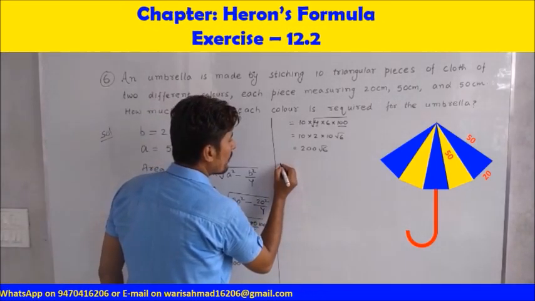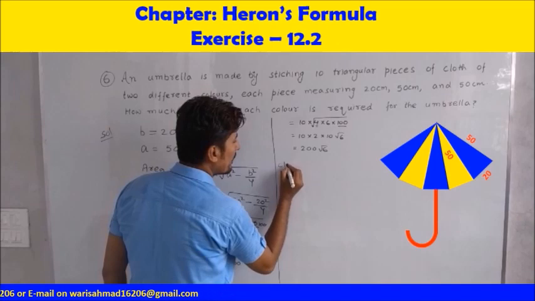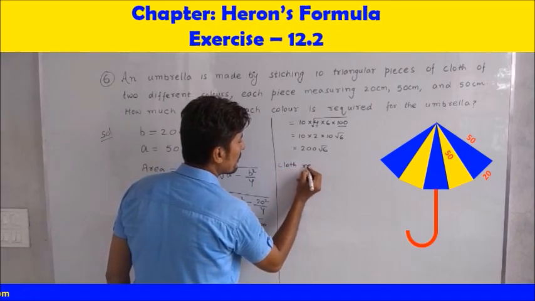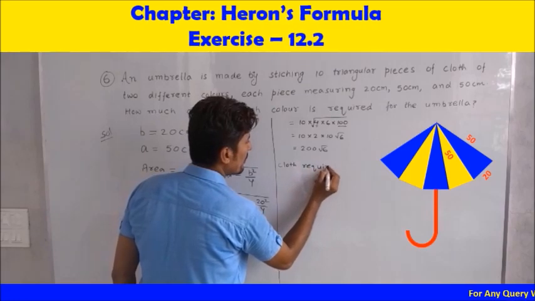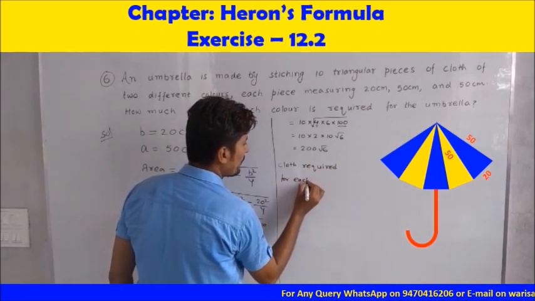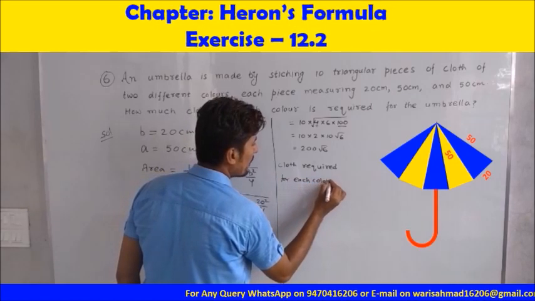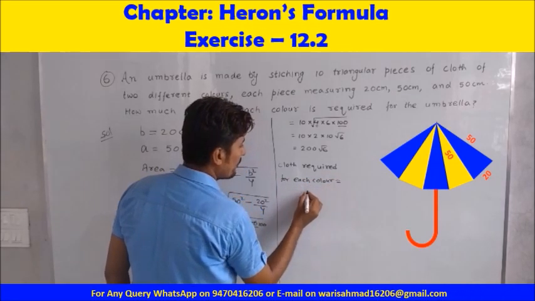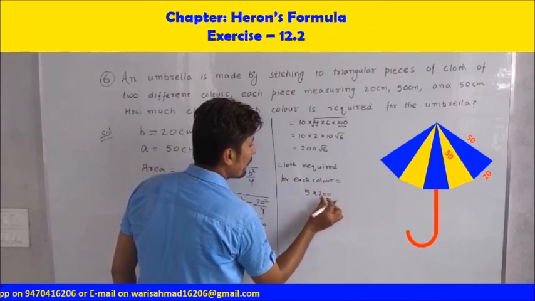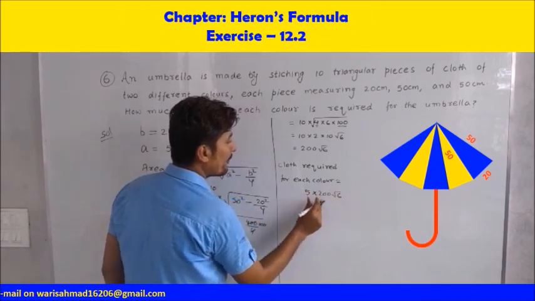So here we can write area of cloth required for each color will be equal to 5 multiplied by 200 root 6. Why we are multiplying with 5?